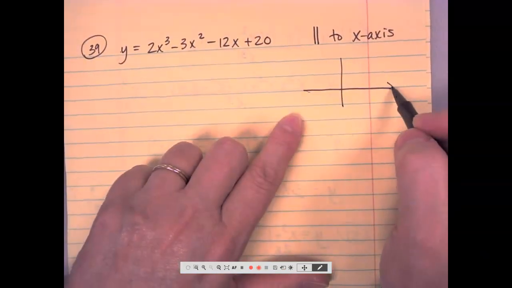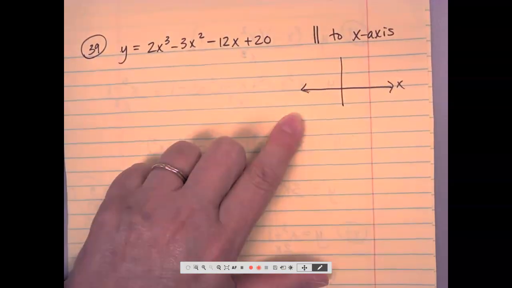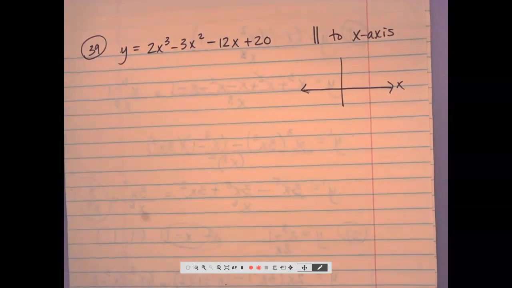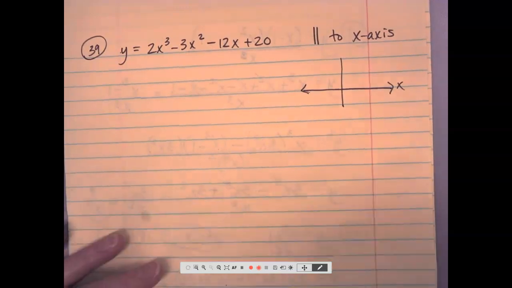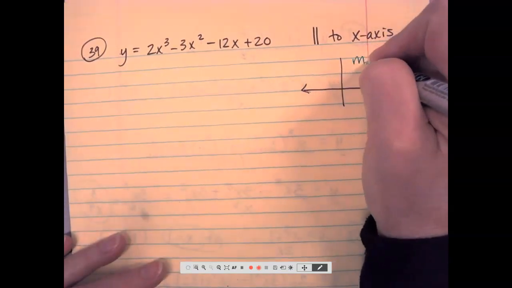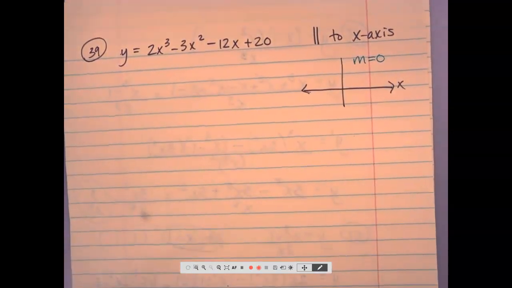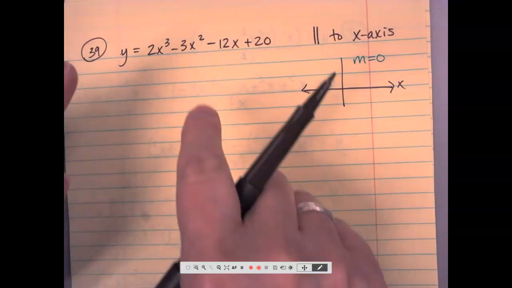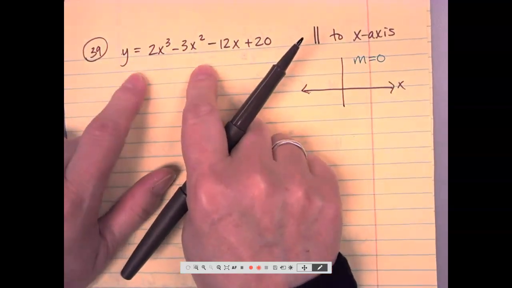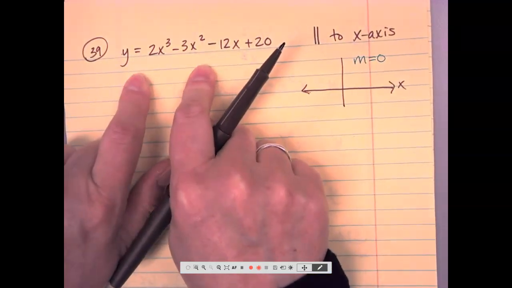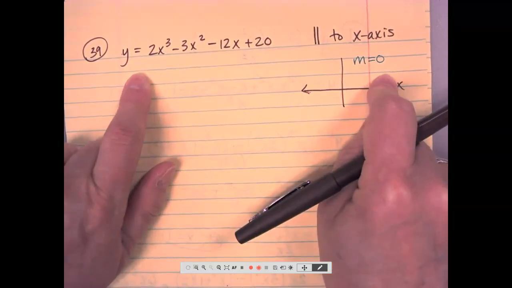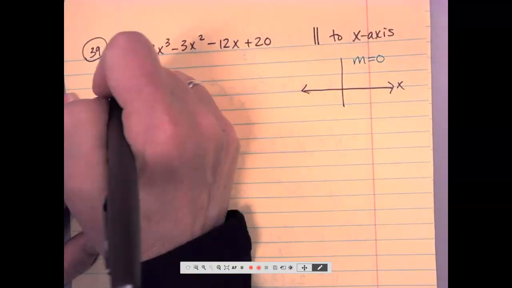Here's our x-axis. If anything is parallel to the x-axis, then it is horizontal. Any horizontal line has a slope of 0. So it's just a sneaky way of saying where is the slope 0? Okay, well, I'm going to find that by finding something that represents the slope, that's the derivative, and just setting it equal to 0 and then solving that for x.